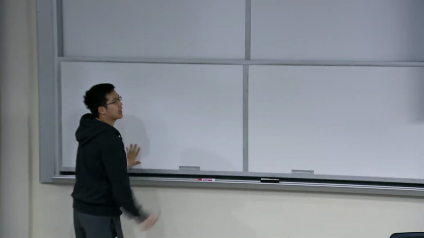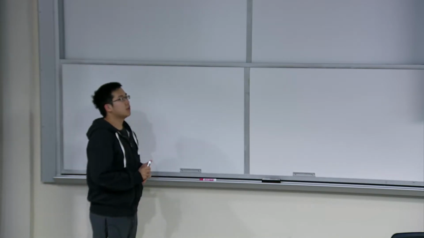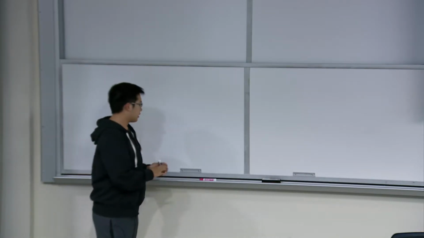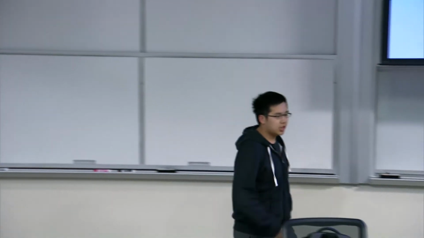Let's see. Recursive backtracking. Should I pull up the solution to Crack and then explain it, or do you want me to develop it on the board? Because I covered that two sections ago.